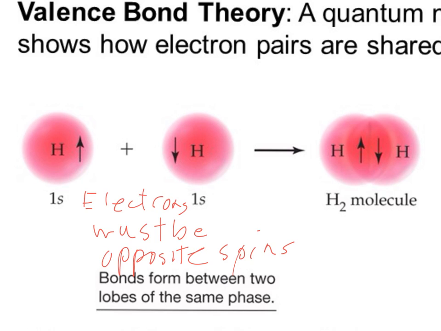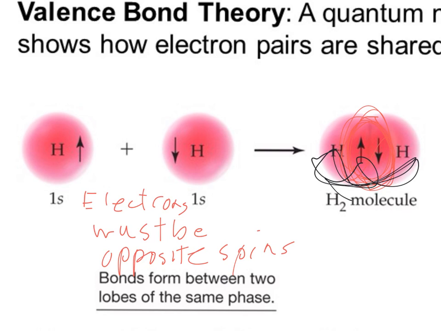So my two hydrogen atoms move close to each other. They have opposite spins. The two atoms are going to move closer and closer together until the two orbitals overlap. The two orbitals overlap, and what happens? These two electrons can now move to either atom.